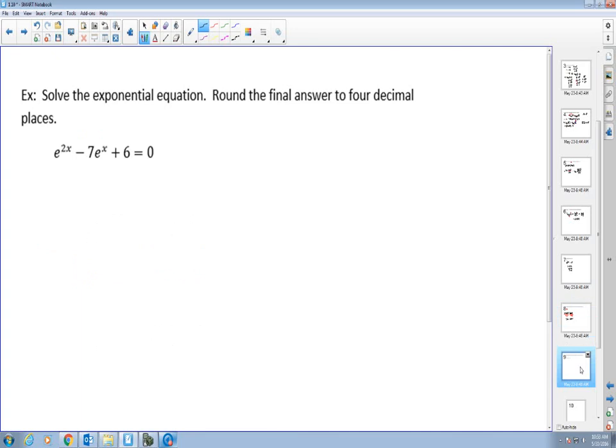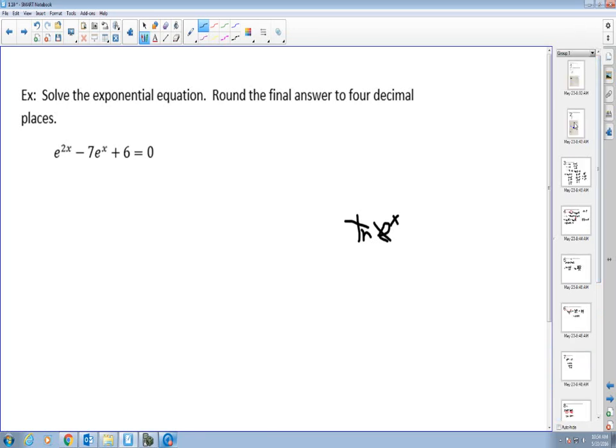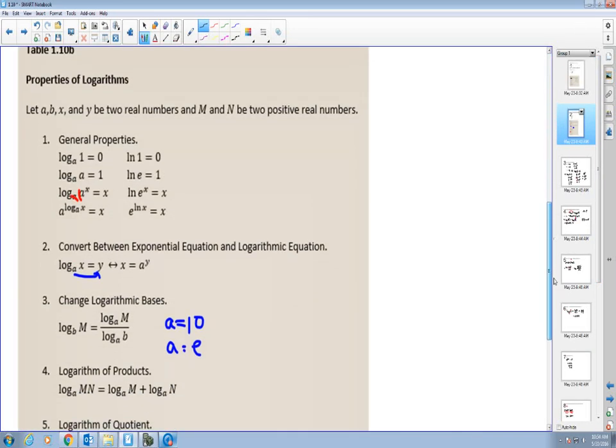Alright. Now normally when we see e to the x power, what goes against e to the x power is taking a natural log, because natural log and e kind of cancel each other, just like what I showed you earlier.